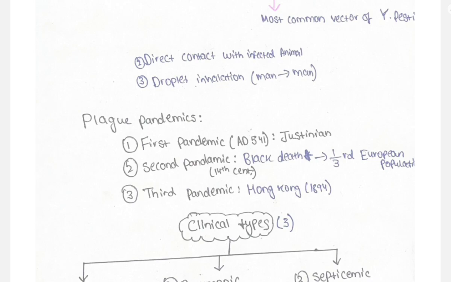It wiped out literally 1/3 of the European population. It was a disaster. The third pandemic took place in Hong Kong in 1894, and after this there were a few cases that even came to India, after the 1900s. Those are not that important to remember for the exams, but if you write this much, it is enough to at least impress the examiner, I would say.